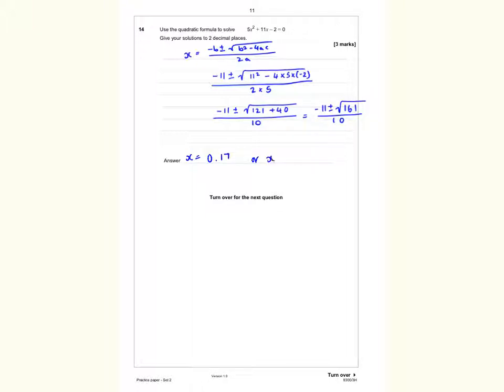The other one, with a take away this time: negative 11 take away square root of 161, divided by 10, gives me x equals negative 2.37. So these are my two values, both rounded to 2 decimal places.